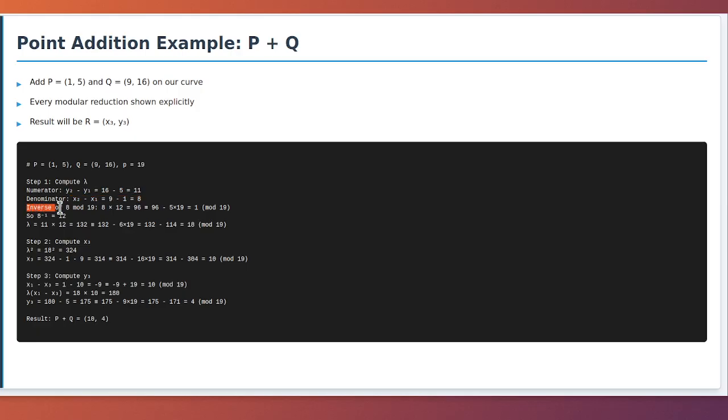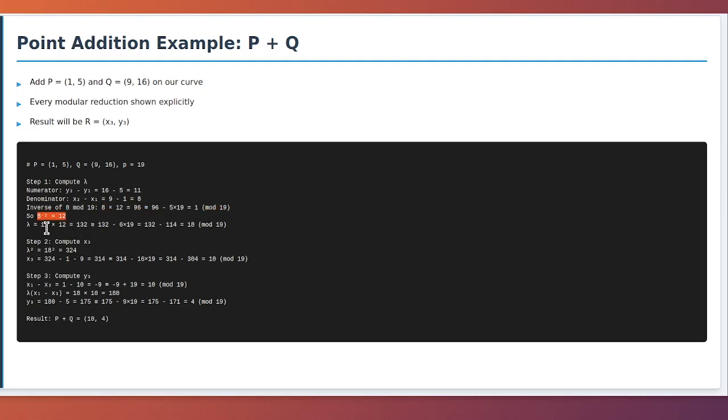To find the inverse of 8 modulo 19, we need a number that when multiplied by 8 gives 1 modulo 19. We can test values or use the extended Euclidean algorithm. Testing: 8 times 12 equals 96, and 96 modulo 19 equals 96 minus 5 times 19 equals 96 minus 95 equals 1. So the inverse of 8 is 12.